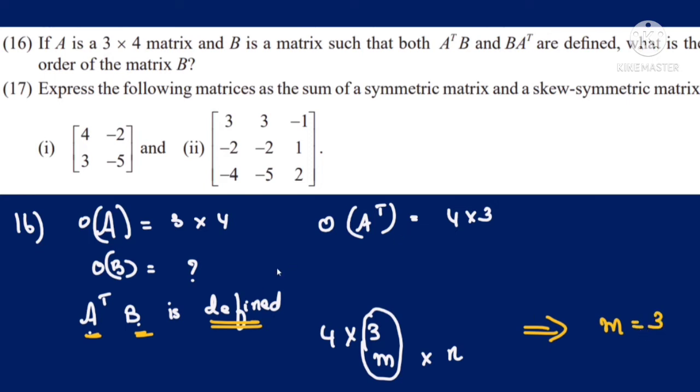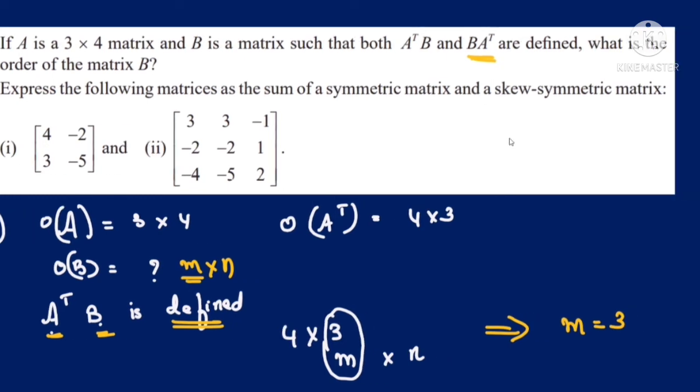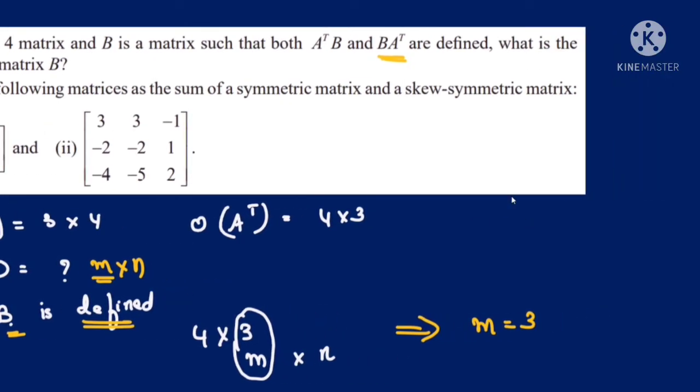We need M by N, isn't it? Order of B we have taken as M by N. We found M. Now we have to find N. So use the second condition. What is the second condition? B A transpose is defined. B A transpose. What is the order of B we have taken? M by N. What is A transpose? 4 by 3.